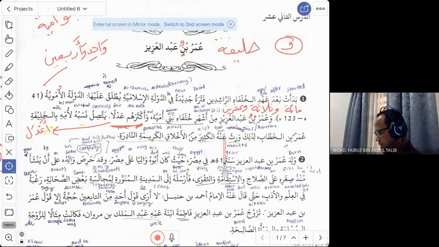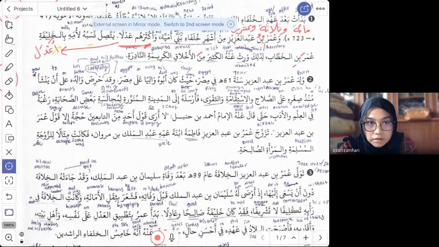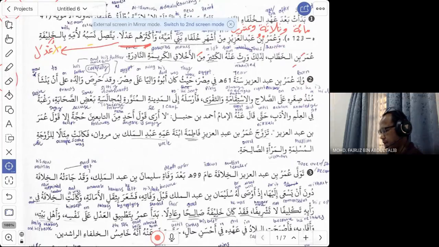Anhu, from him, from his great-grandfather. Al-kathir, a lot of. Al-akhlaq al-karima. The word karim, of course, one of the meanings is generous, but here we translate it as noble. So he inherited a lot of noble characteristics, which are rare, nadira, from his great-grandfather.